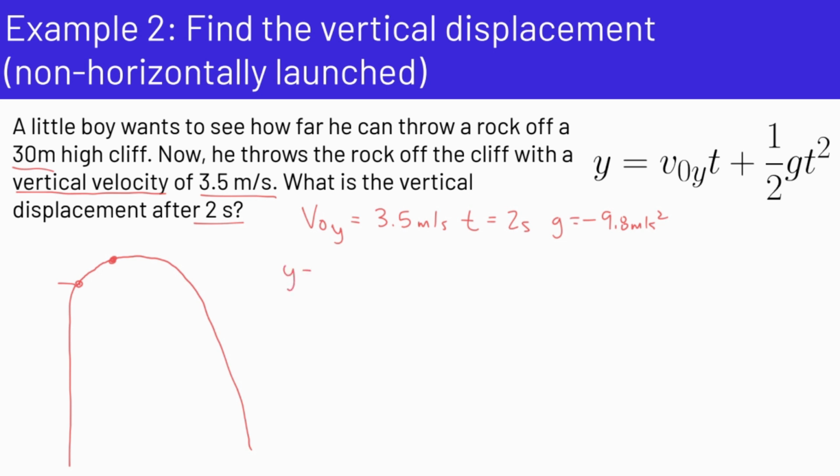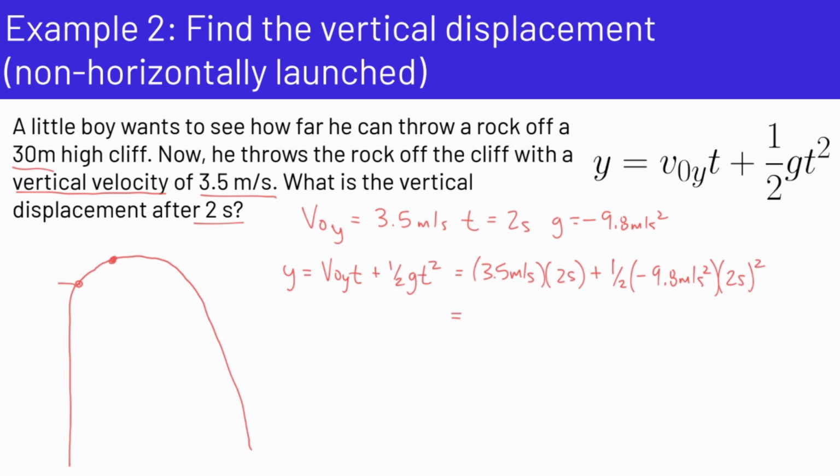So displacement y is equal to v naught y times t plus 1/2 times g times t squared. So we have y is equal to 3.5 meters per second times 2 seconds plus 1/2 times negative 9.8 meters per second squared times 2 seconds squared.